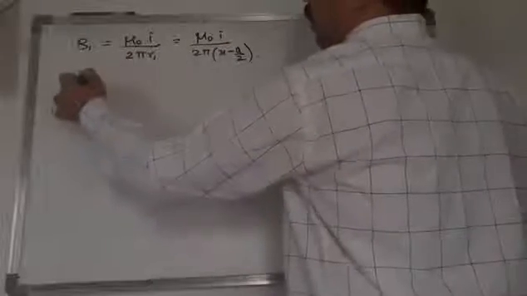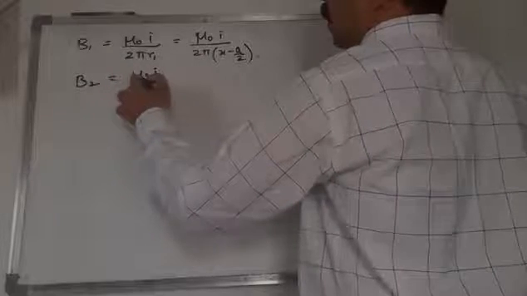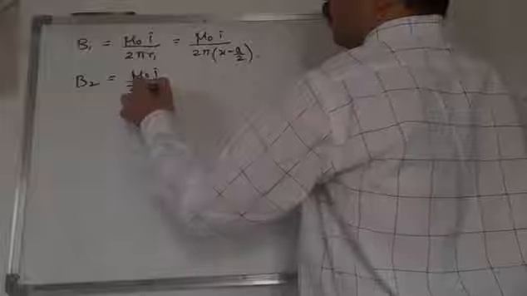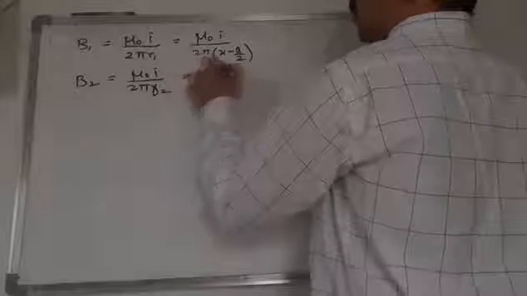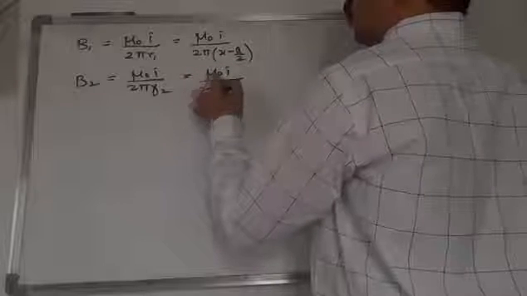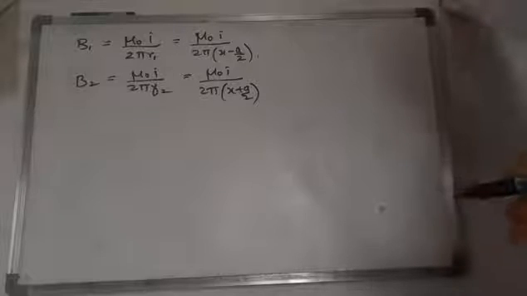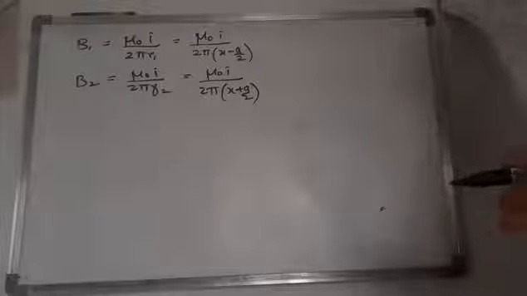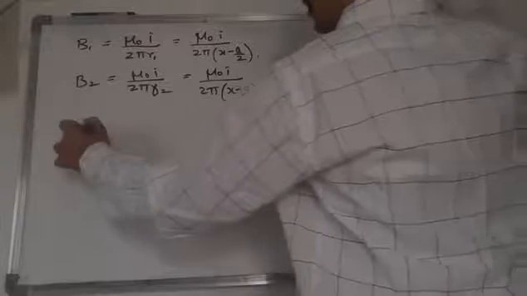Similarly we will get the B2 value, mu naught I by 2 pi R2, so we get mu naught I by 2 pi into (x plus a by 2). Like this we get the B1 and B2 values, so we are going to substitute them to get the EMF.